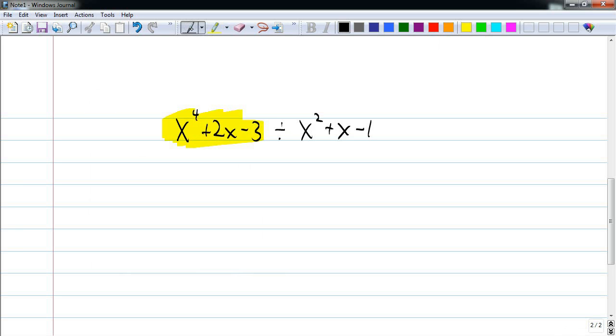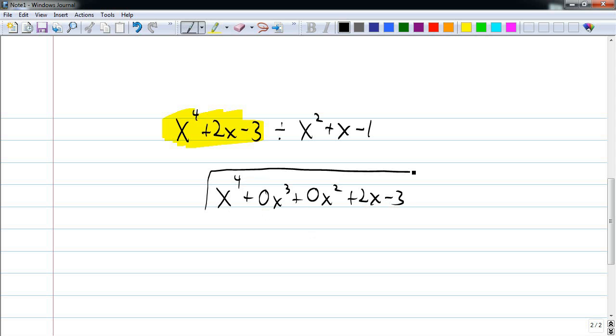So I have to write those in with zeros: x to the 4th plus 0x to the 3rd plus 0x squared plus 2x minus 3. I need these placeholders because I could end up with something cubed or something squared in my answer. And I'm being divided by x squared plus x minus 1.